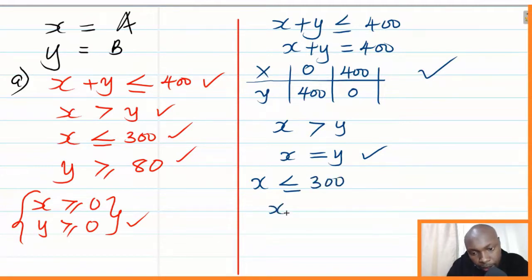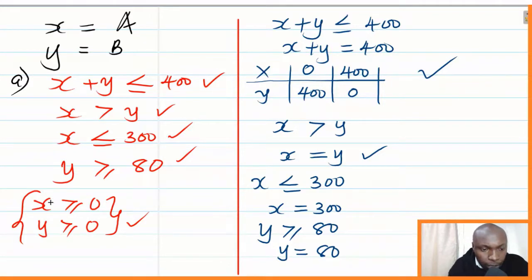The line you're going to draw here is x equals 300. Then for y is greater than or equal to 80, the line you're going to draw here is y equals 80. Now the other lines are, this one represents the y-axis and this one is the x-axis.